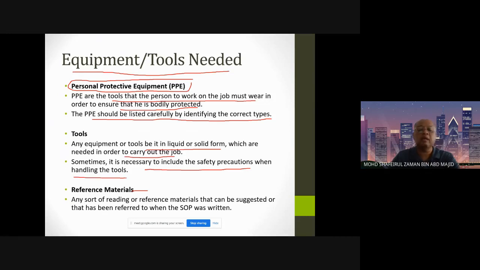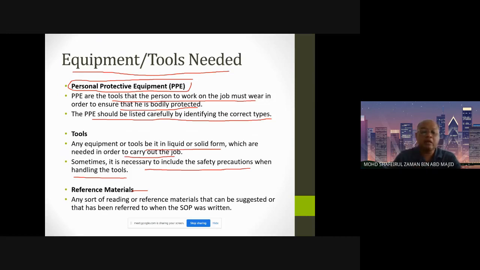For example, when you are going to use the drill, first you list the drill, then after that you include the safety precautions. Please make sure that you tighten the screw of the drill, for example, to avoid any injury.